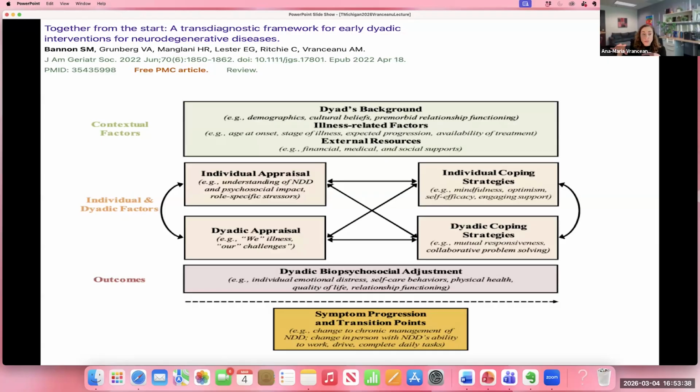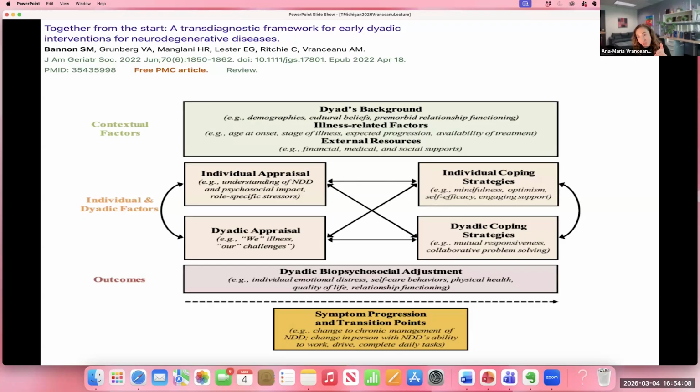Here it's important to account for contextual factors, like the dyad's background, illness-related factors, and the external resources available, and allow for interdependence between patient and caregivers, in terms of both individual appraisal and dyadic appraisal, and think about symptom progression and transition points.